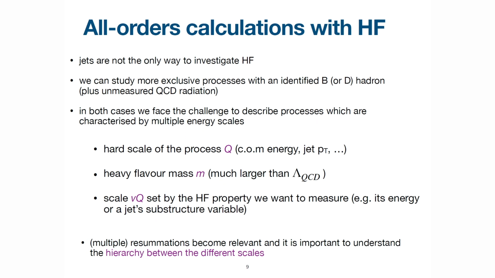And if you were to measure, say, the pT of the B, you're done. But typically what you want to do is measure some property, some substructure or some energy fraction of the B. And so you have a third scale, which is some ratio or some fraction of, say, the hard scale. And so depending on the region of phase space you are in, you need one or even more resummations to describe this process.